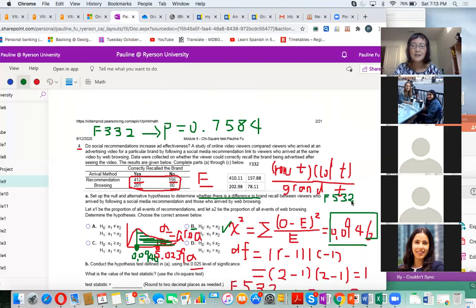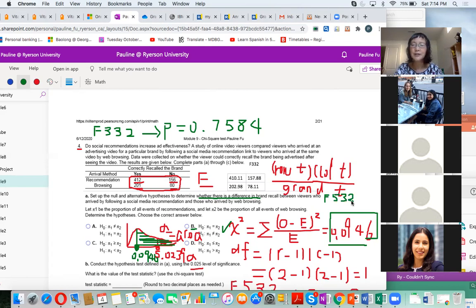Lower, you type in 0.0946. That is your lower bound. And then upper bound, you type in 10,000 or any very big number. Degree of freedom, df, is 1. And then you press EXE. You get 0.7584 from your calculator.